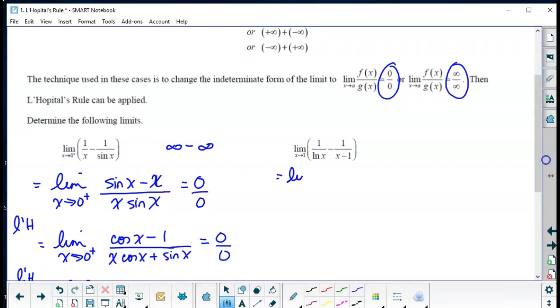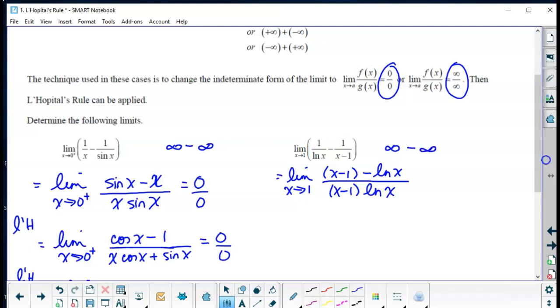Show it with a common denominator. It's going to be x minus 1 minus ln x all over x minus 1 times ln x. So when we substitute this in, up here if you wanted to check, 1 divided by 0 is going to be infinity, and then minus infinity.